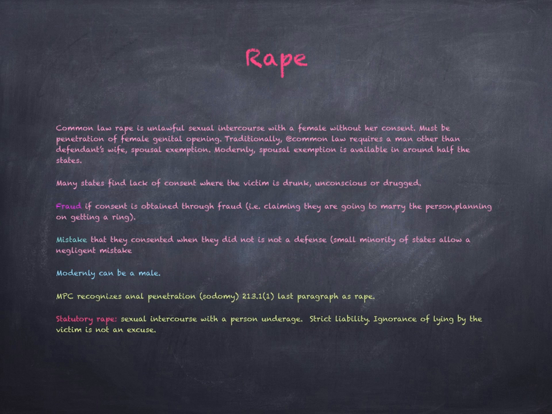For example, if a guy says, "Hey, I really love you, I've been in love with you, I'm going to get you a ring, we're going to get married." And she says, "Okay." And then later he's like, "Oh, I lied to you. I'm just using you. Oh, it was consensual." No, that's not consensual. That's fraud.